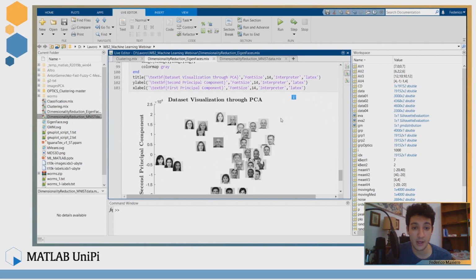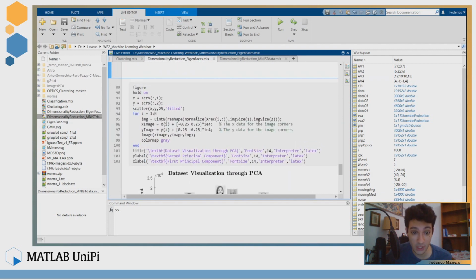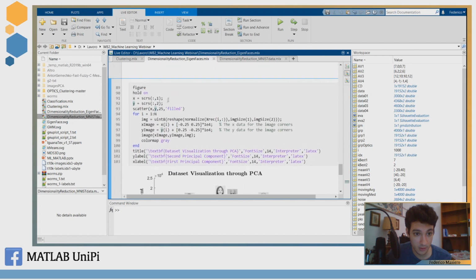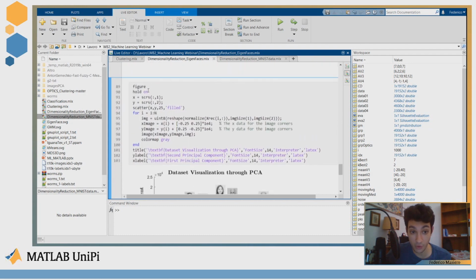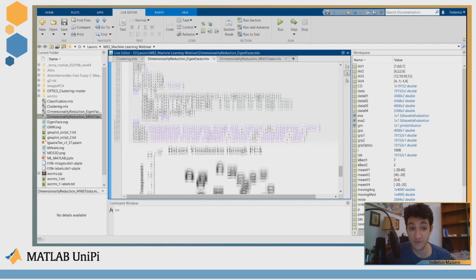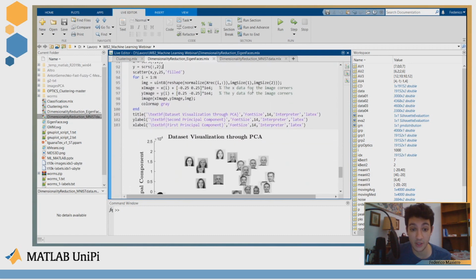And again, this will be the result if you just check your plot. These are the things that I plot, y and x. X and y are the first two columns of the scores, which reflect the data projected in the new space.